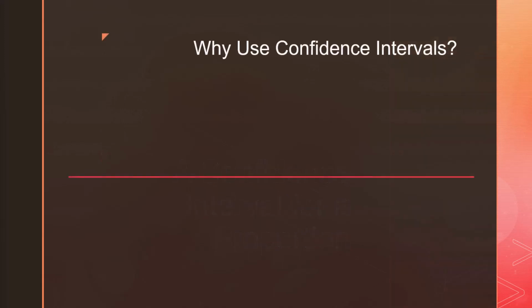Why use confidence intervals when we already have the inferential hypothesis testing method? I'm going to answer that by illustrating the results of each method. Here's a null hypothesis that would be quite relevant for a matched pair design in which two matched participants are randomly assigned to treatment and control conditions.